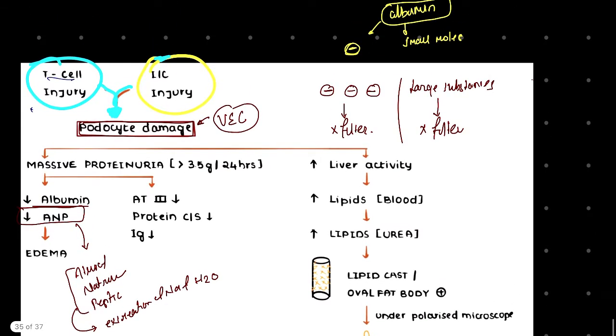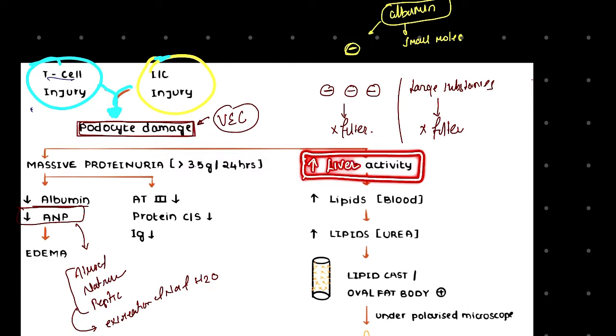Now moving further, another thing that we need to know is, as there will be damage in podocyte, there will be loss of protein, as we have already said. Podocyte damage means there will be loss of protein, and along with protein, as protein will be lost, there will be less amount of protein in our body, and at that time the liver will try to compensate that condition, and it will increase its activity.